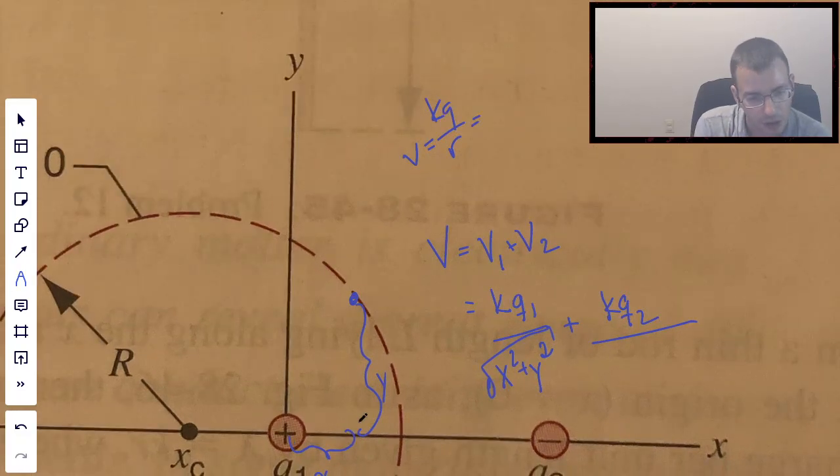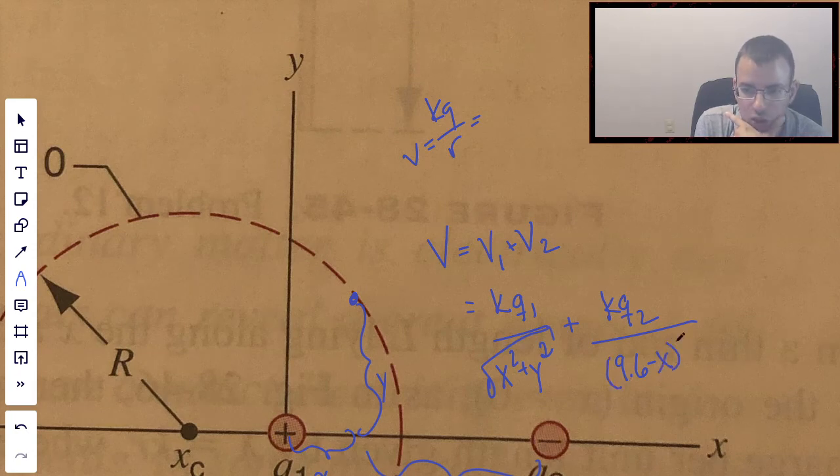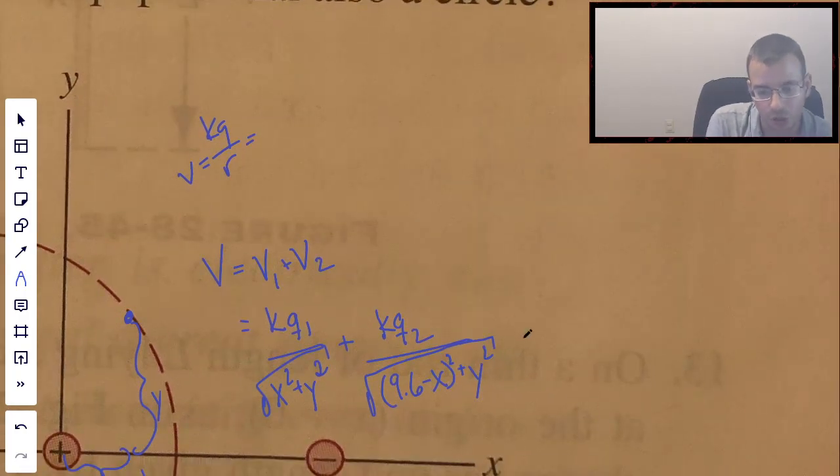Now, this distance right here is going to be 9.6 minus X. So this is going to be 9.6 minus X, quantity squared, and then the Y is still going to be the Y distance, square rooted. And so this is going to be K, which is just a constant.